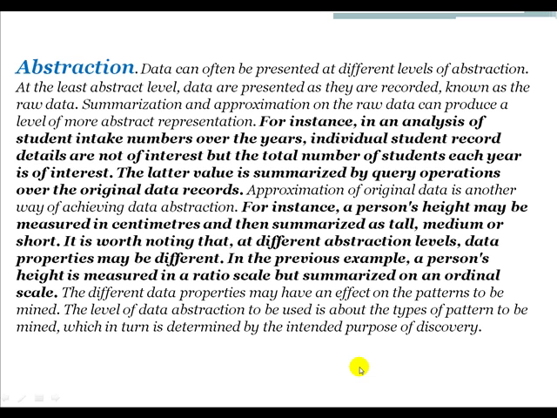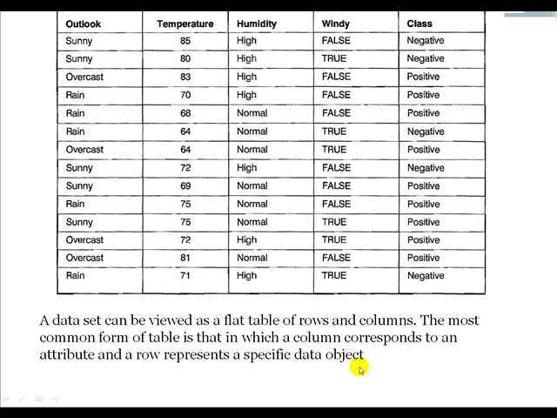So I guess what we're saying is, depending on what you're after in the discovery or in the data mining, you have to consider in what sense you want to do data abstraction. Okay.